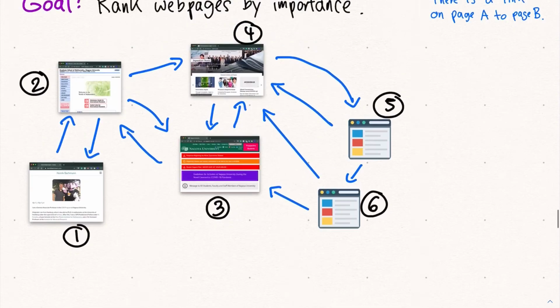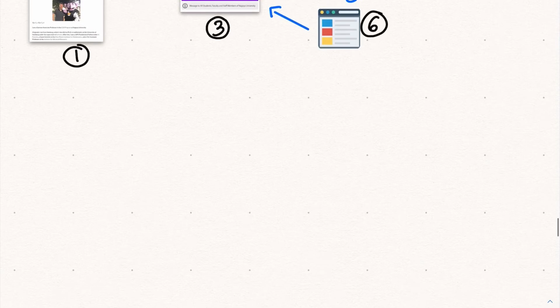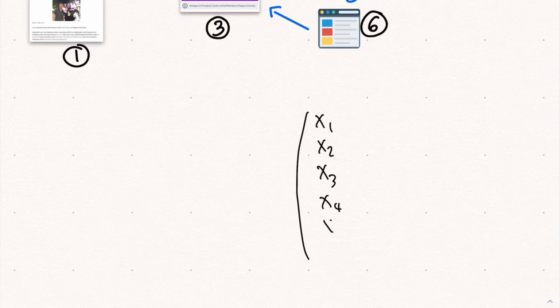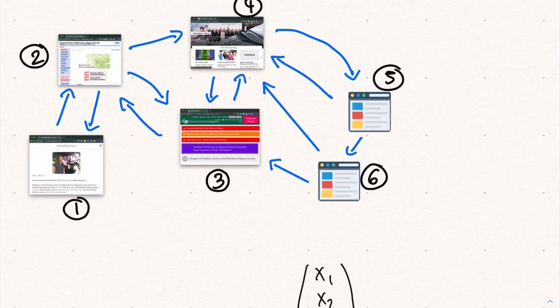First, we have these 6 pages, and now we want to define a vector x1, x2, up to x6, and these numbers x1 up to x6 should give a number of importance for these 6 websites.